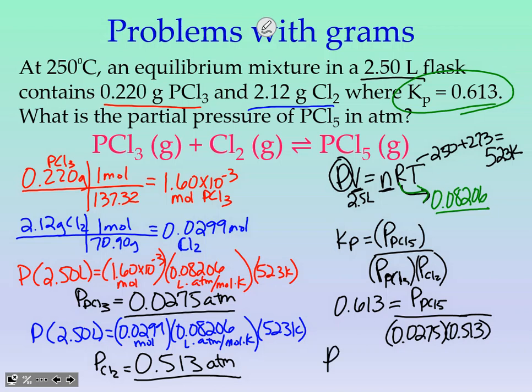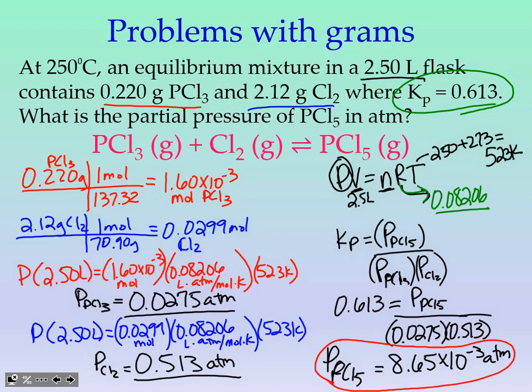So PCl5, what is that partial pressure? Yes, 8.65 times 10 to the minus 3 atm. Now also think about this. Does that make sense?